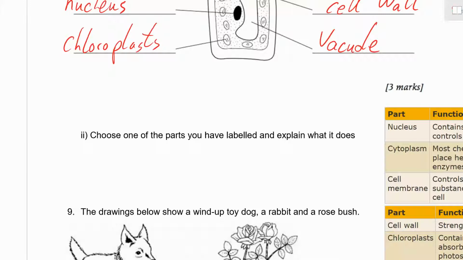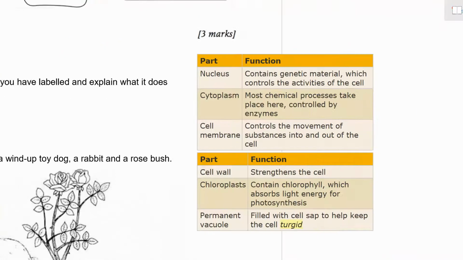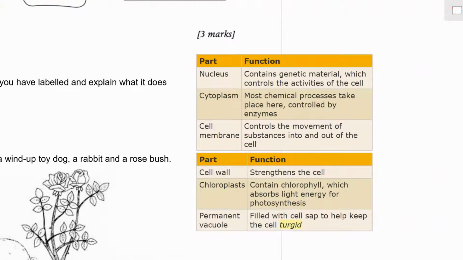Choose one of the parts you have labeled and explain what it does. So here's a quick little table. If you chose the nucleus, it contains the genetic material or controls the activities of the cell. If you chose the cytoplasm, this is where most chemical processes take place. It's controlled by enzymes. This is the majority of the cell.